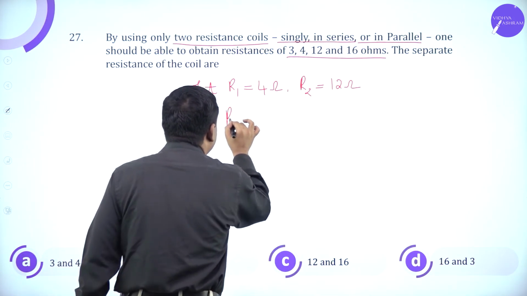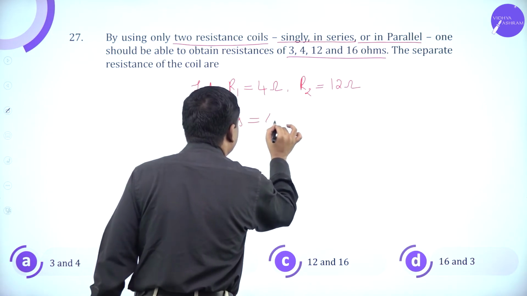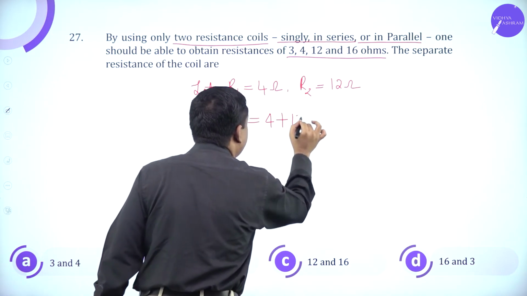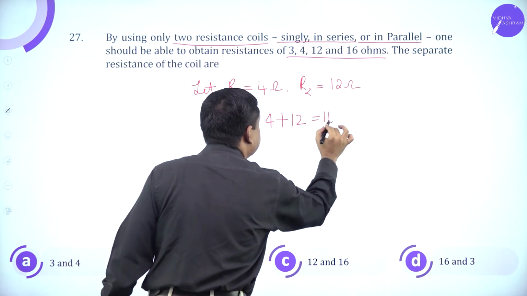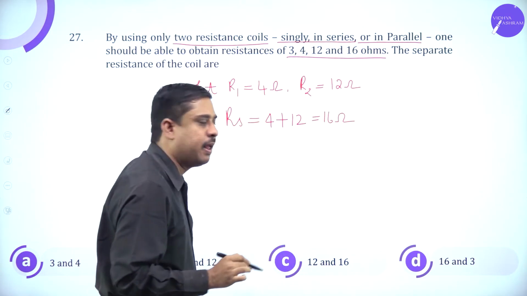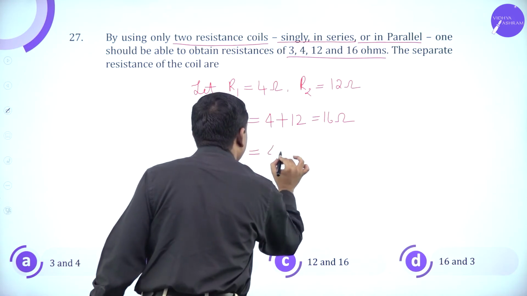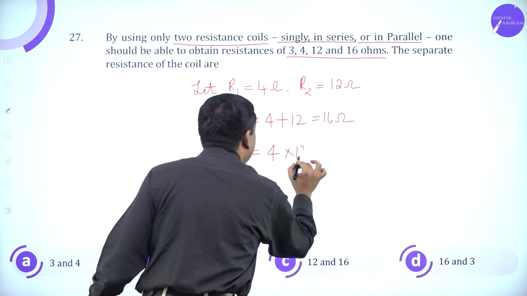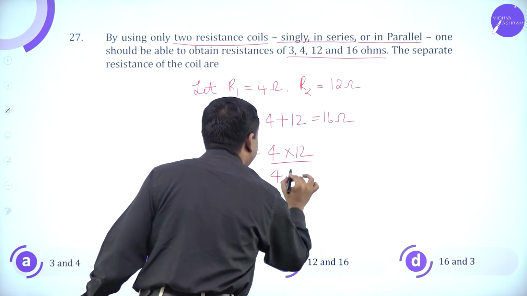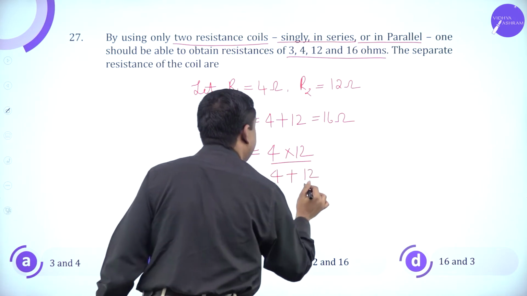So I know RS is 4 plus 12, which is 16 ohms. And RP is 4 into 12 divided by 4 plus 12.